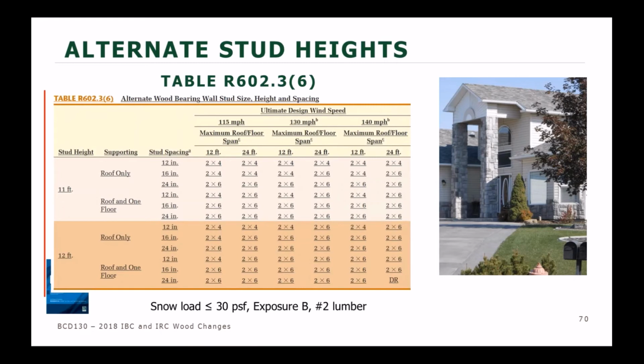So the first new table trying to address this is table R602.3(6). It's called alternate wood bearing walls stud size, height, and spacing, and is just trying to address 11-foot tall and 12-foot tall studs for gravity loads and out-of-plane wind loads.